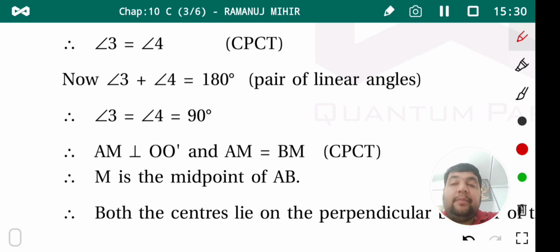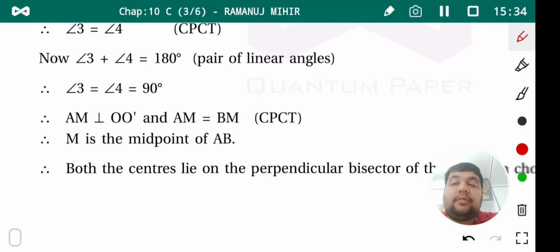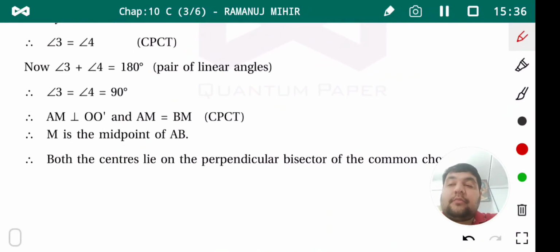So M will be the midpoint and OO dash will be the perpendicular bisector. Since M is the midpoint of AB, both centers lie on the perpendicular bisector of the common chord. So that's how we have proved it.